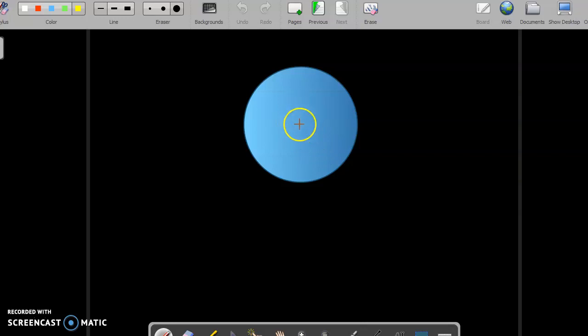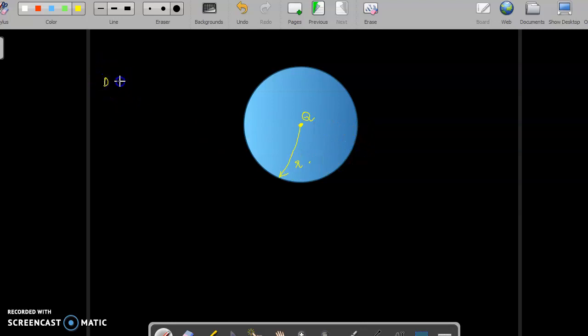Now let us consider that a charge is located at this point, and we are considering an area. This is a spherical area and its radius is r. Then what is the electric flux density on the surface of the sphere?